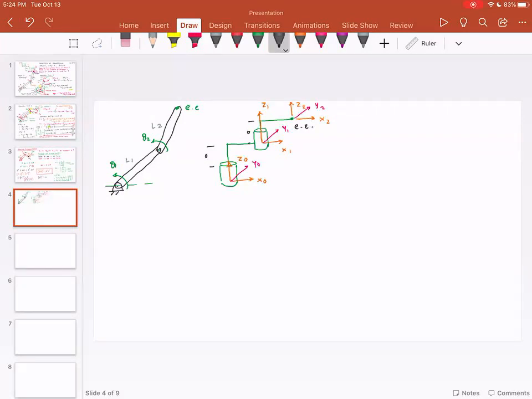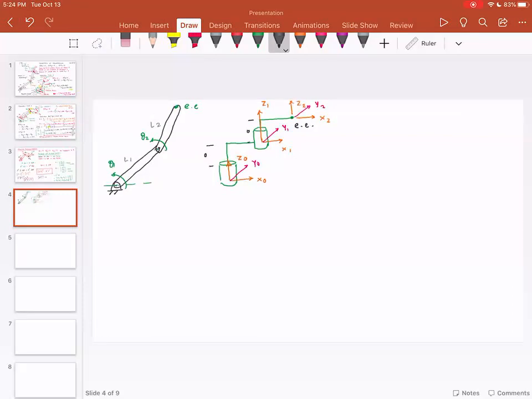But at the end, the relationship that we obtained is Px equals L1 cosine theta 1 plus L2 cosine (theta 1 plus theta 2), and Py equals L1 sine theta 1 plus L2 sine (theta 1 plus theta 2).